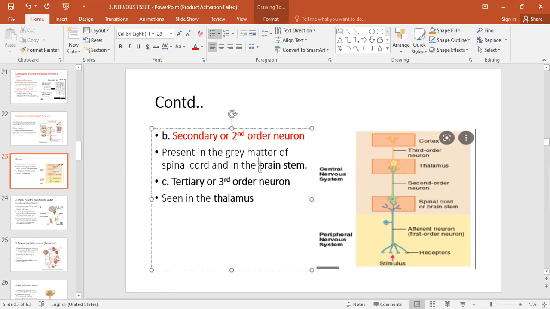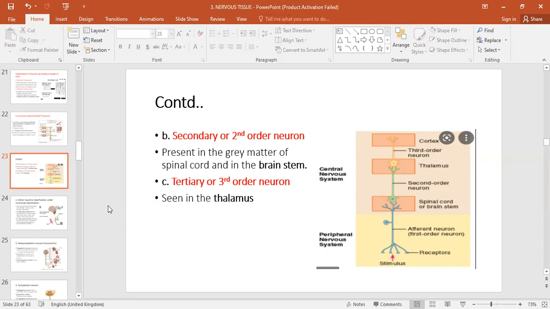From the brain stem, another neuron will pick that information and take it to the cortex. So we call that the final nerve the tertiary neuron, or simply third order neuron. This is a neuron that will take impulses to the gray matter. But all of them are taking impulses in one direction, that is from the body to the brain and spinal cord.